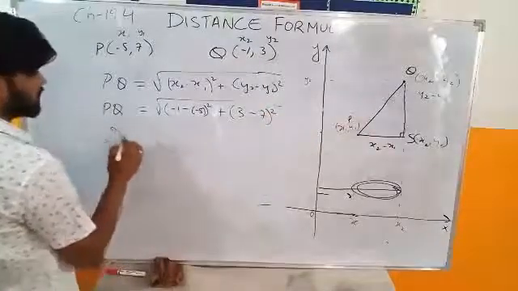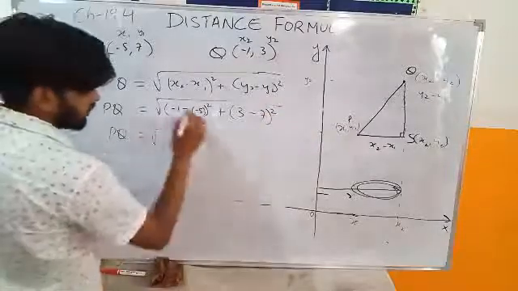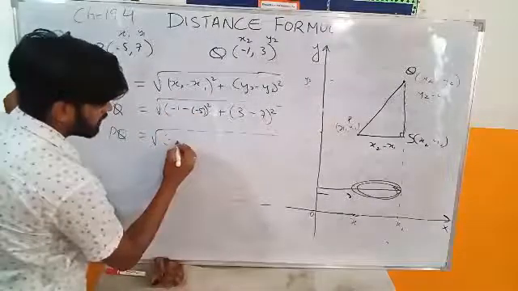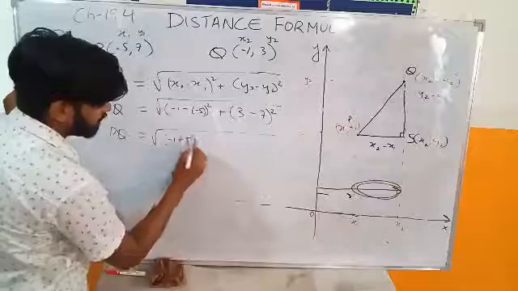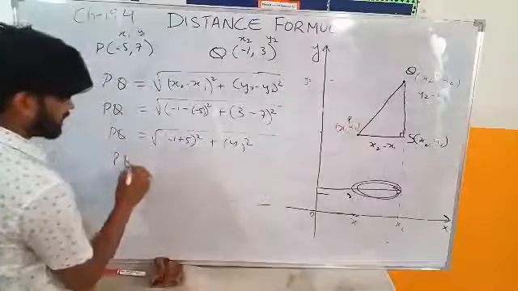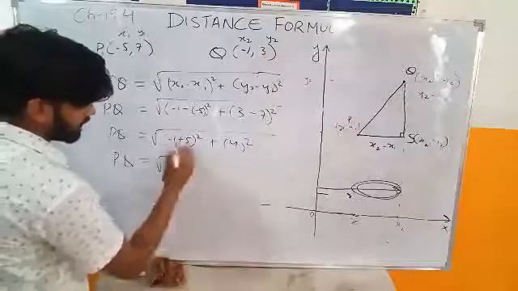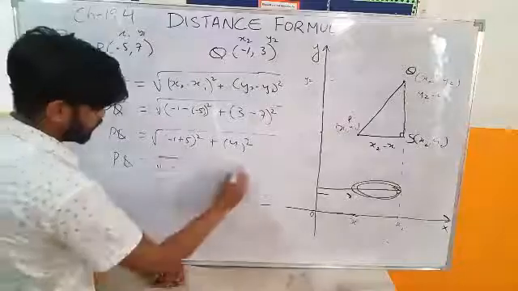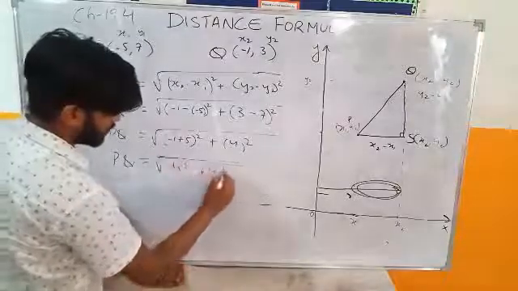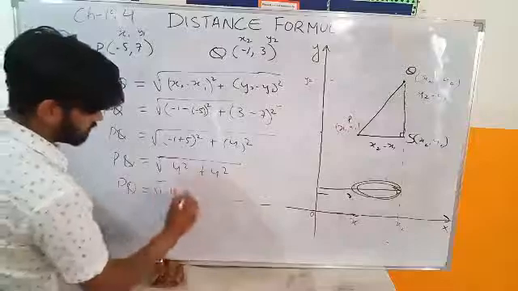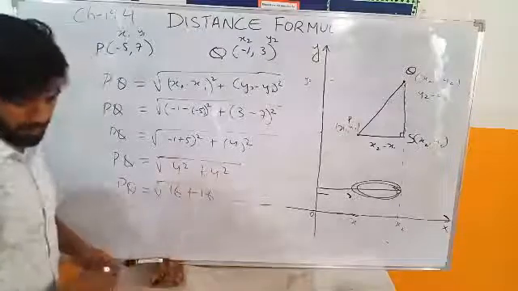So PQ equals to, if you look very carefully, it's going to be minus 1 and plus 5 का whole square plus 4 का whole square. That PQ will be, अगर आप इसको solve करते हैं, you'll come to a conclusion that it's going to be 4 का square plus 4 का square. That is PQ equals to 16 plus 16. Okay.